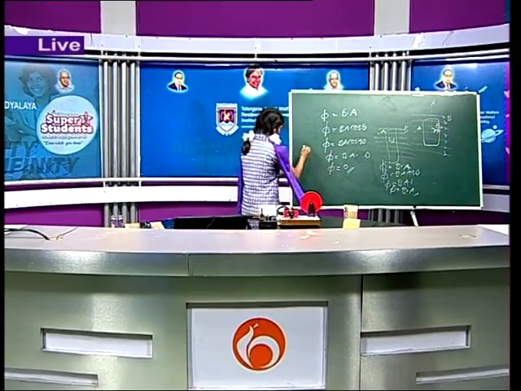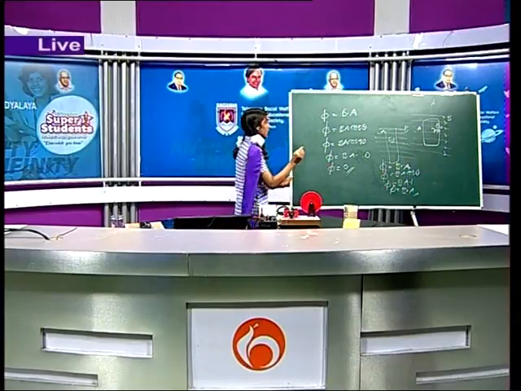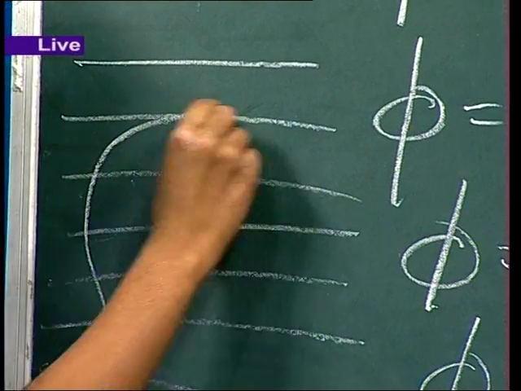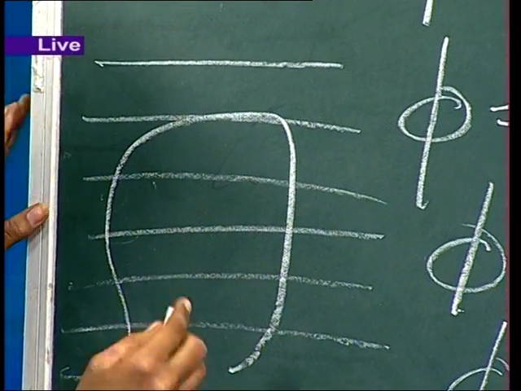Electric flux, okay, exactly. Friends, before this we came to know about magnetic flux, right? Magnetic flux means the number of magnetic field lines passing through a particular area. Let me show here. These are the magnetic field lines, and here this is the particular area.